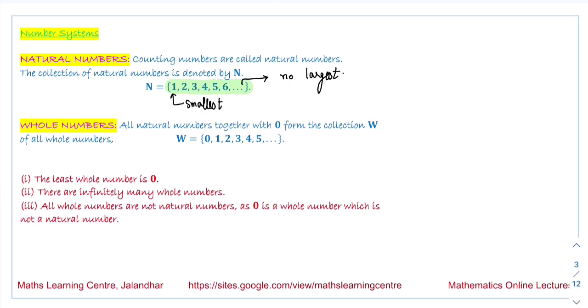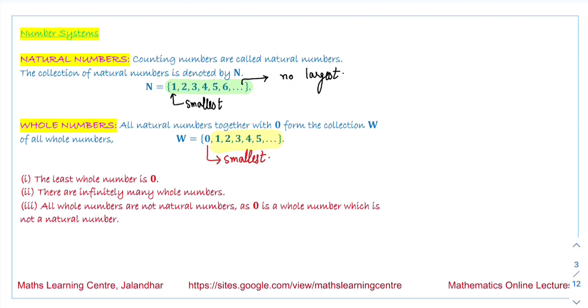Next is the collection of the whole numbers. Basically, all the natural numbers 1, 2, 3, 4, 5, 6 are whole numbers, and apart from these numbers, the number 0 is also a whole number. If we talk about the smallest whole number, it is 0.